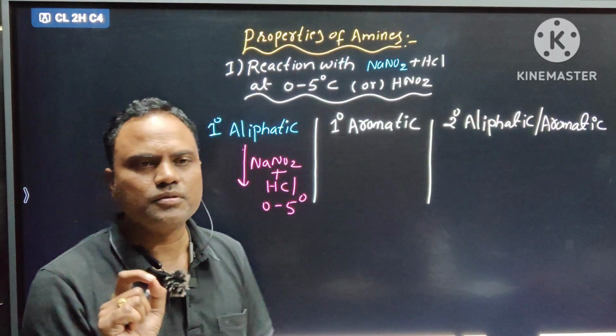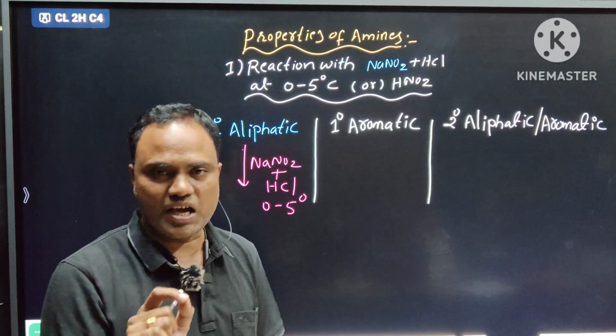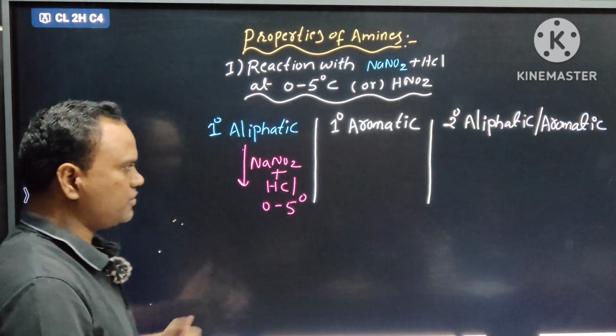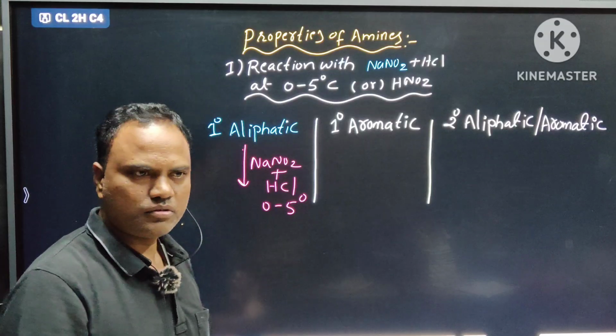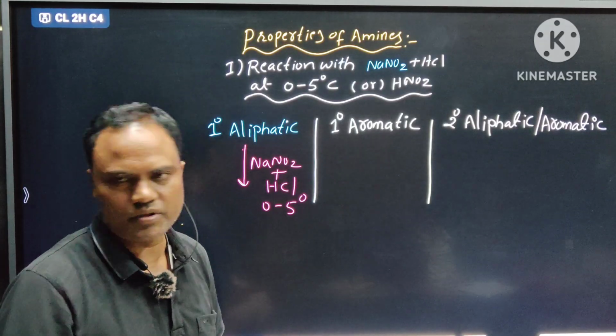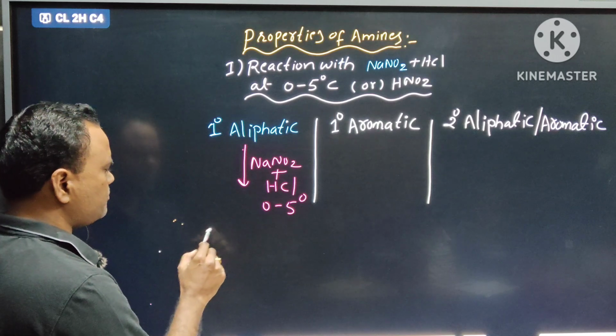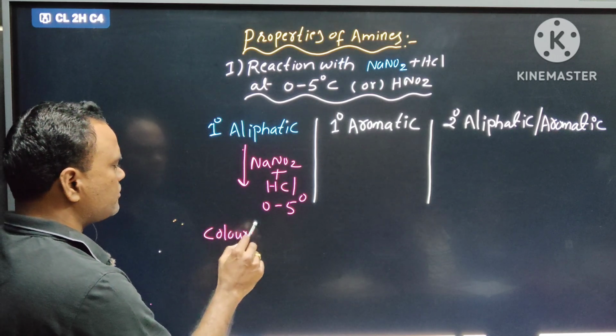First point, remember the gas released. A colorless gas is released. I'll give the brief about the reaction, the final product, mechanism, everything we can discuss. First important point, colorless gas.